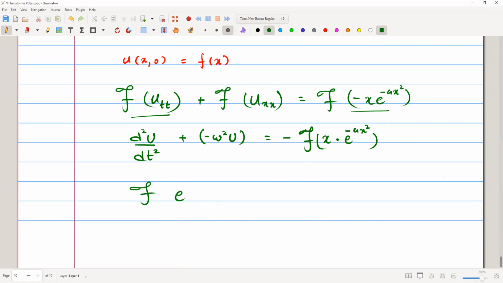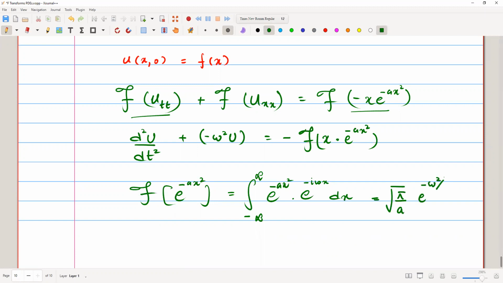Fourier transform of e to the power negative ax squared is simply the integral from negative infinity to infinity of e to the power negative ax squared times e to the power negative iota omega x dx. So we will see how we can compute this in the lesson of Fourier transformation. Right now we are only using the result, so it is square root of pi over a times exponential negative omega squared over 4a.